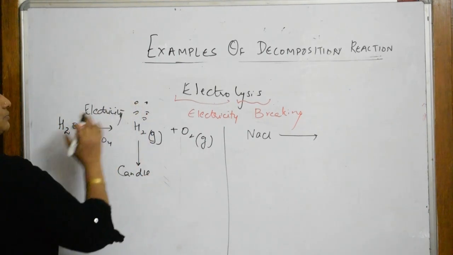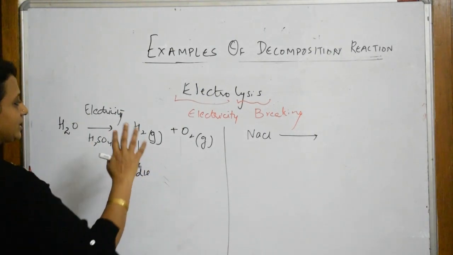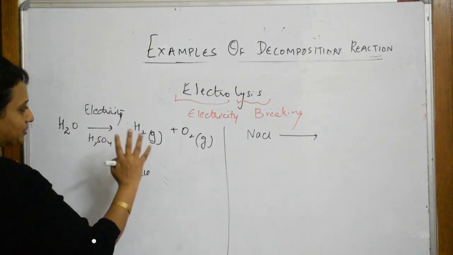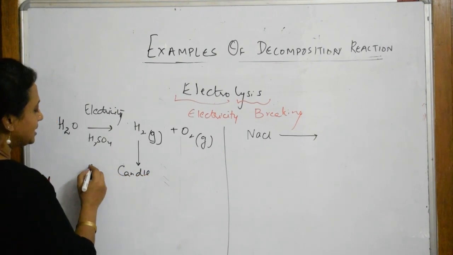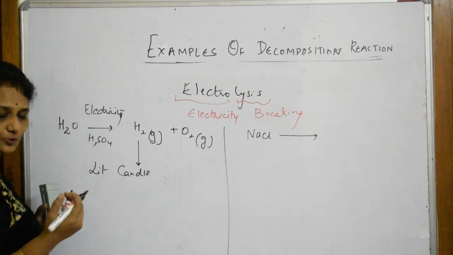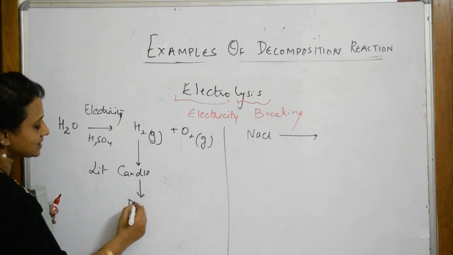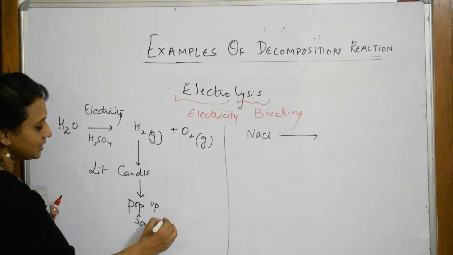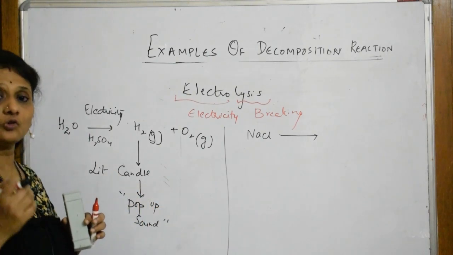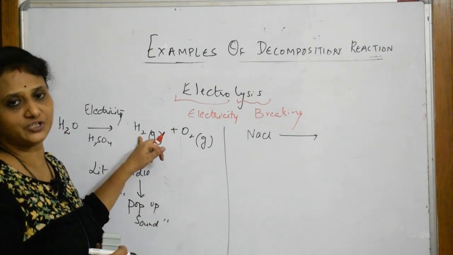So always remember, hydrogen gas is tested, or we can say hydrogen gas is evolved, when you take a lit candle, and the candle will start burning with a pop sound. So whenever in your exam you see a pop sound, the examiner is talking to you about hydrogen gas only.